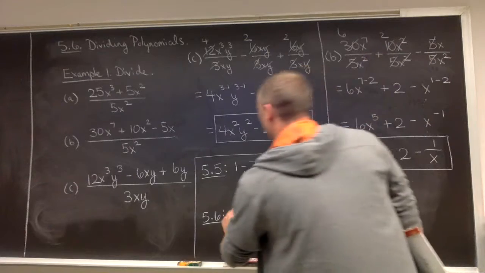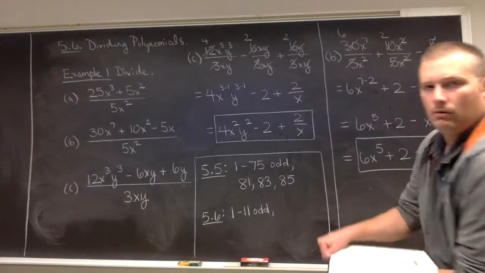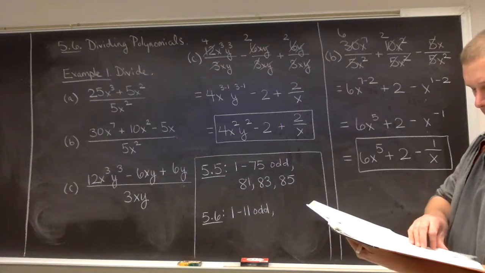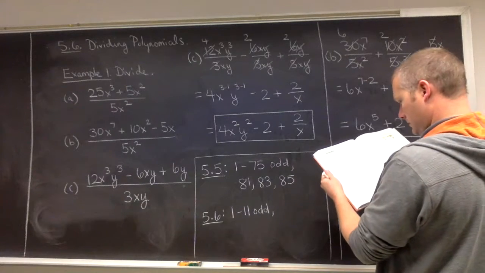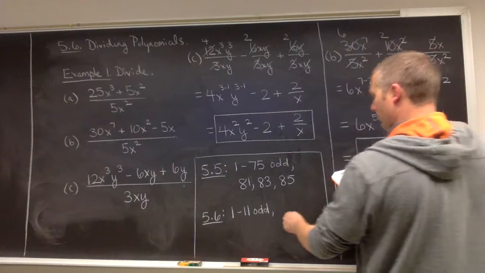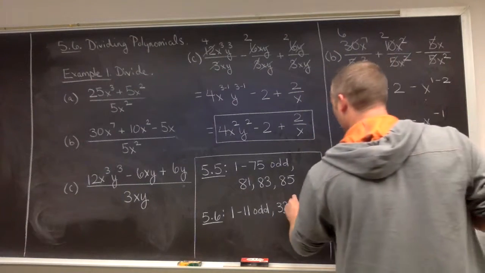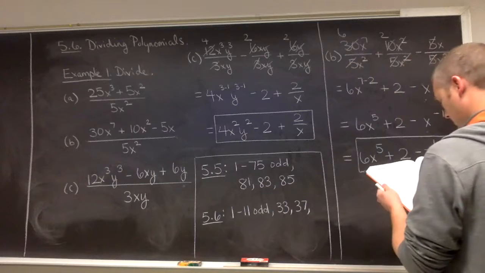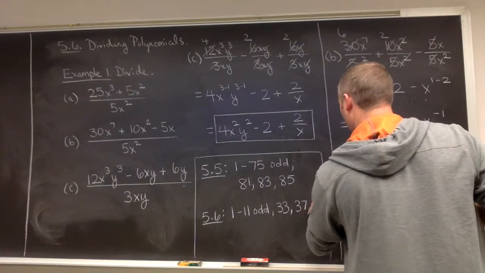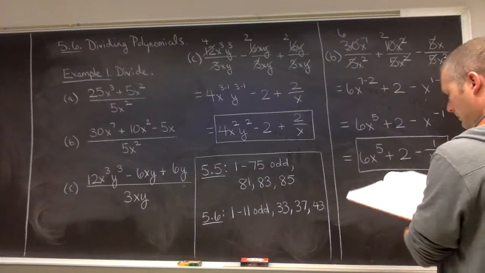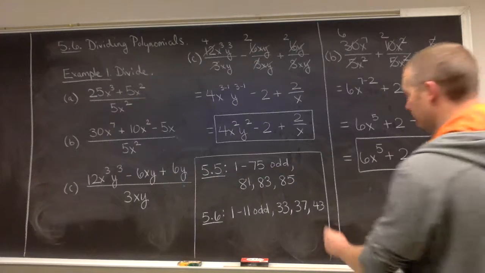For 5.6, 1 to 11 odd, 33, 37, 43, and 49.